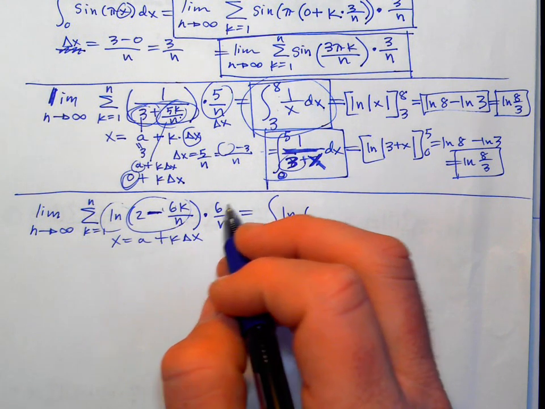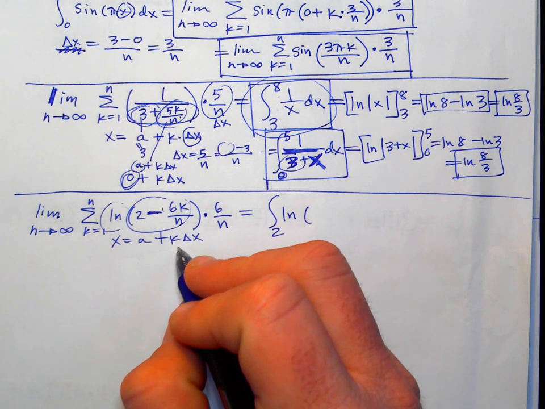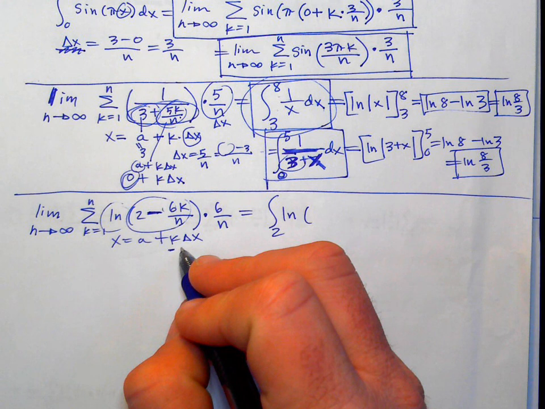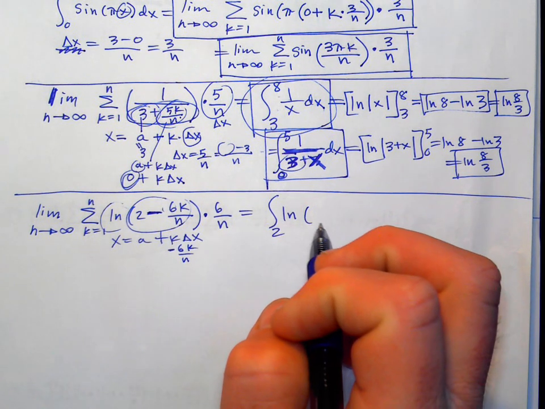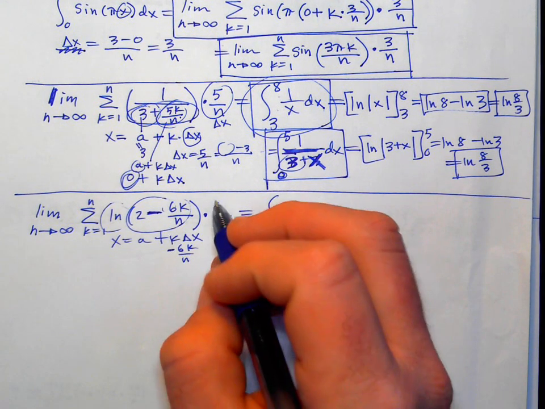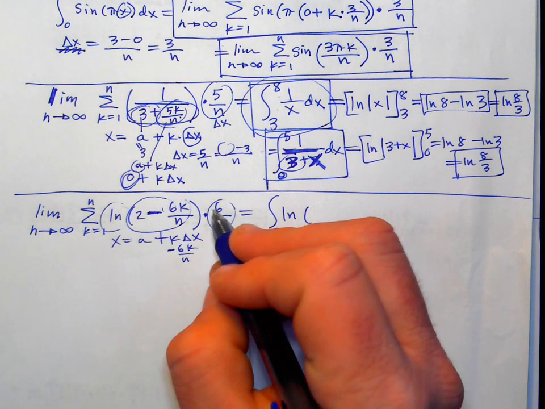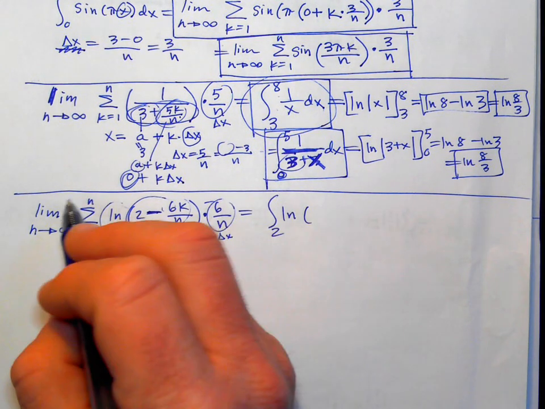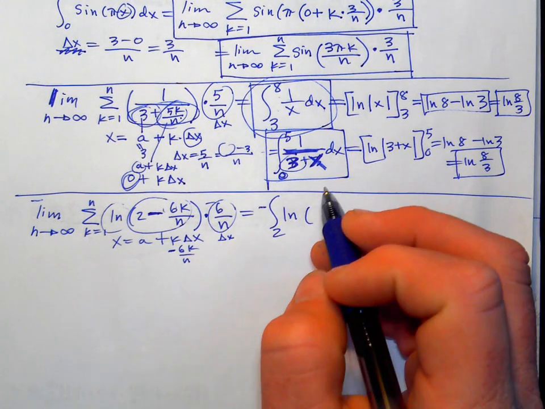Are we going to say that k delta x equals negative 6k over n? It's kind of an interesting idea. If delta x is negative, which it's right here too, maybe there's an extra negative that we'd put out in front. So we'd put this extra negative out in front.